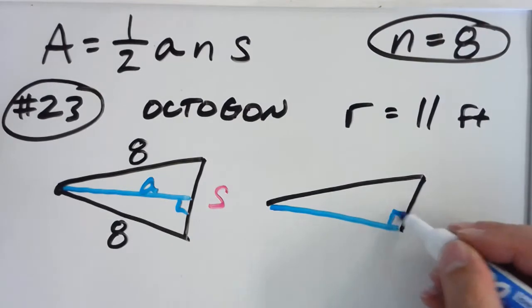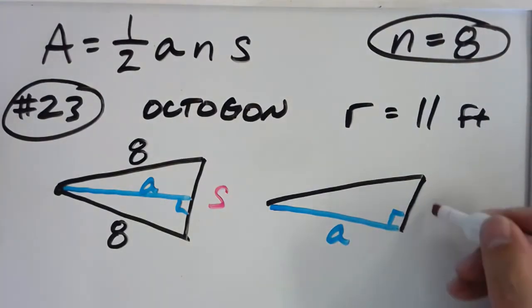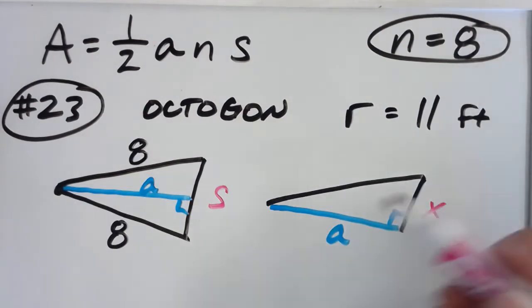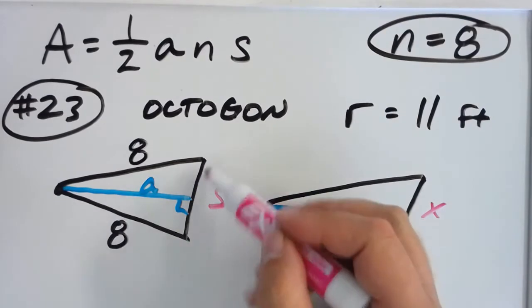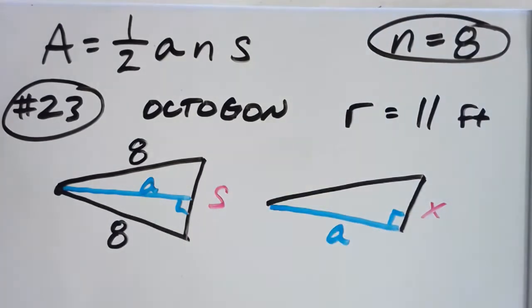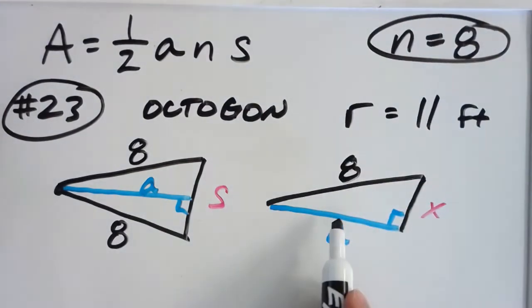Right triangle slice. And I'll call this X now, but this X slice is just the half of the full side. So if I can solve for X, I can just double it to find full S. And this is still 8 units on top. So all this is the top sliver here.